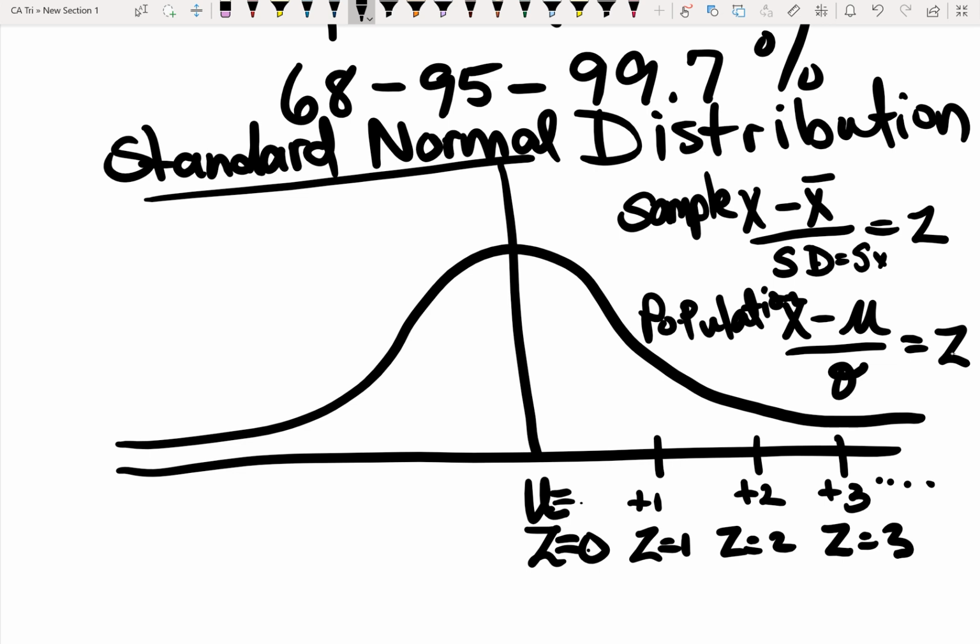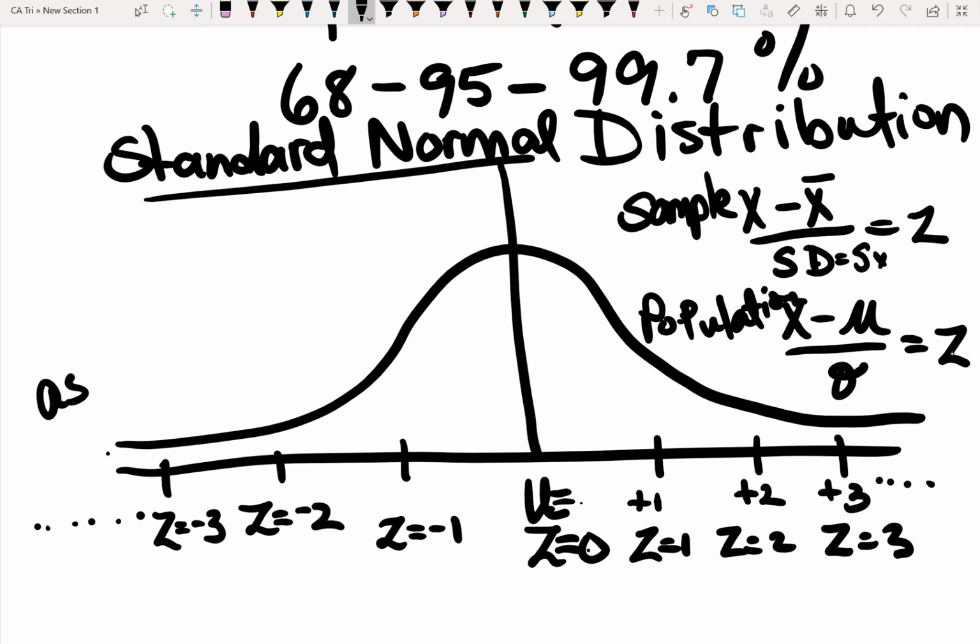On the opposite end of the spectrum, I have z equal to -1, z equal to -2, and z equal to -3. And obviously there are other values that extend. That's why this is called asymptote, if you remember. Asymptotic at the end, where this line never touches this line, okay? And same on this side. So the ends are asymptotic.